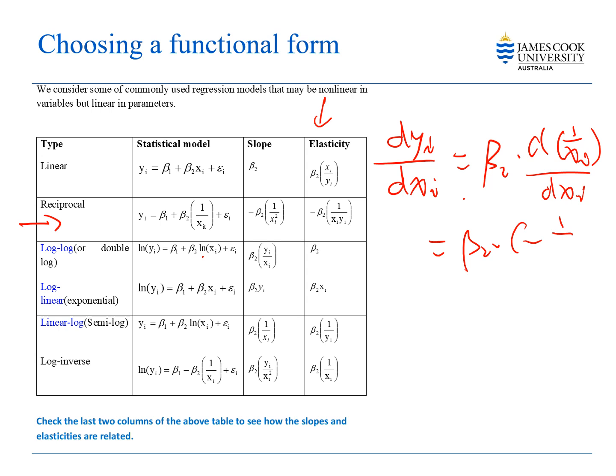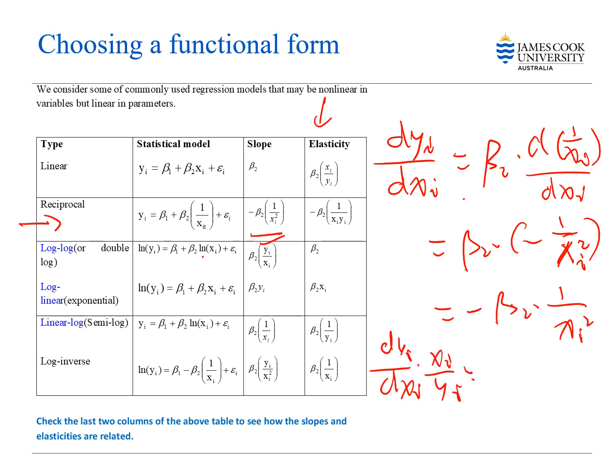Minus 1 over xi squared. So it's negative beta 2 times 1 over xi squared. Okay, and then elasticity is dy dxi times xi over yi, which is minus beta 2 times 1 over xi squared times xi over yi.